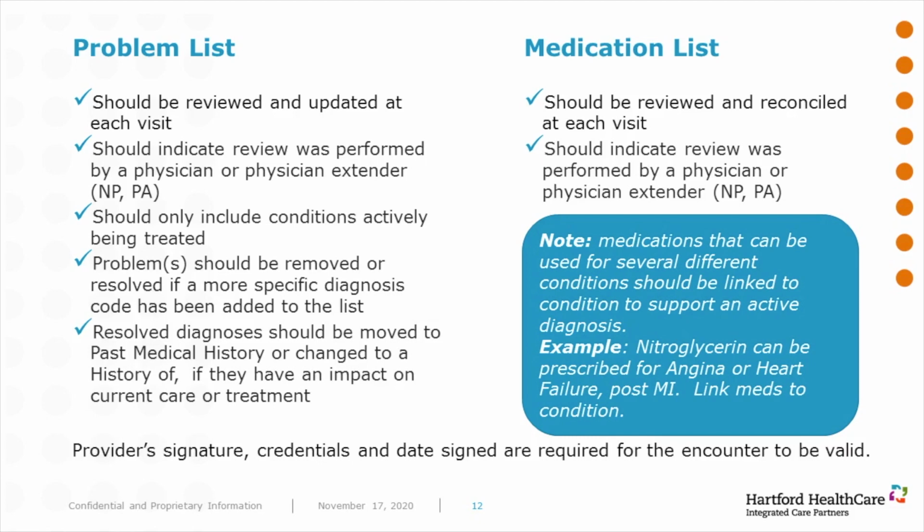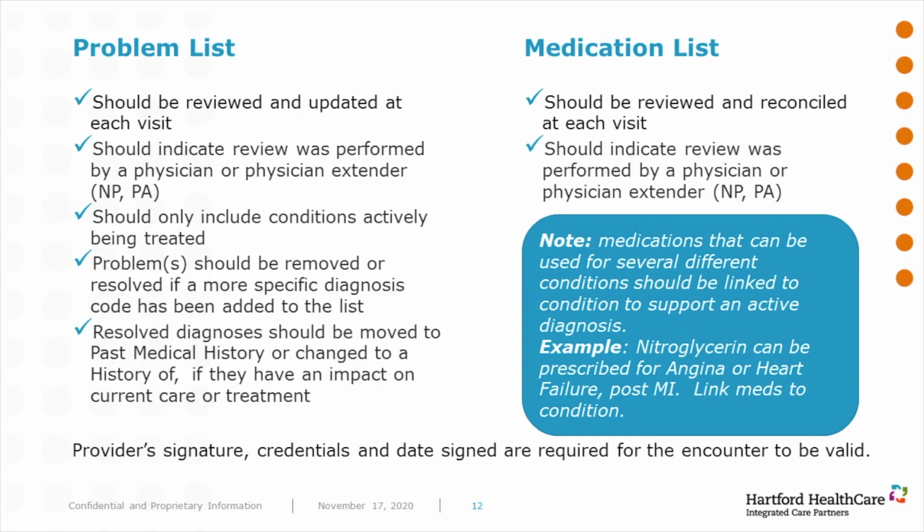So, the problem list should be reviewed and updated at each visit. It should indicate review was performed by the physician or the physician extender. It should only include conditions actively being treated. Problems should be removed or resolved if a more specific diagnosis code has been added to the list.